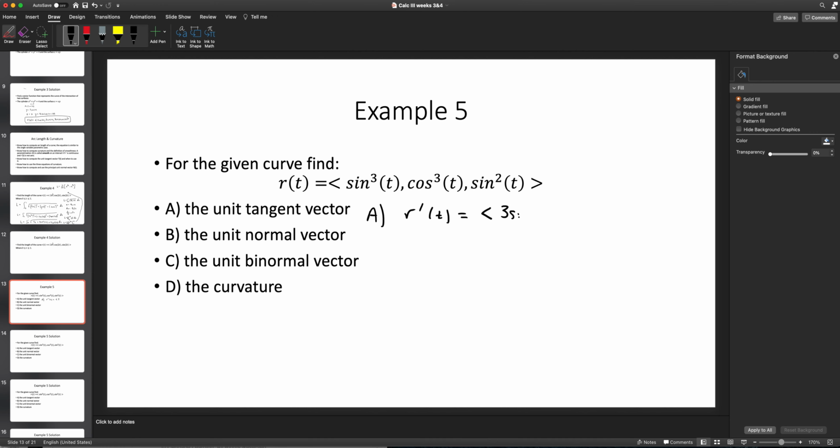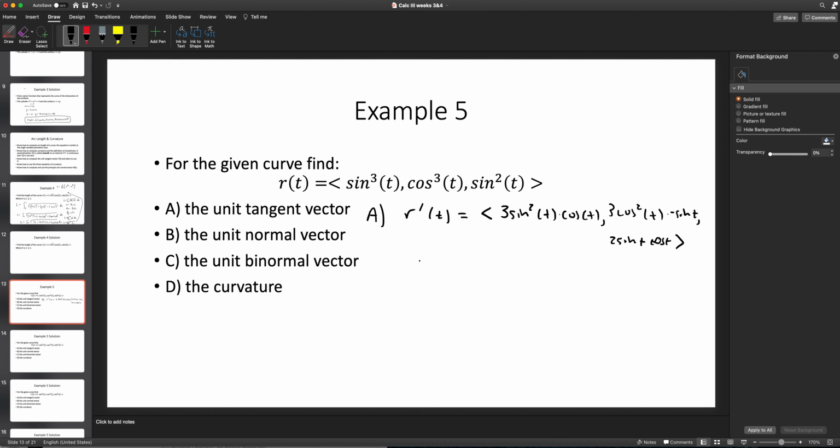This is 3 sine squared t cos t, 3 cos squared t times negative sine t, and finally 2 sine t cos t. This is again just using the chain rule. Sorry, I got a little squished there, but that's our r prime of t.